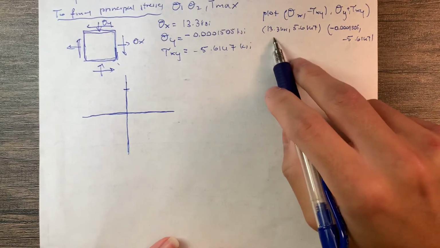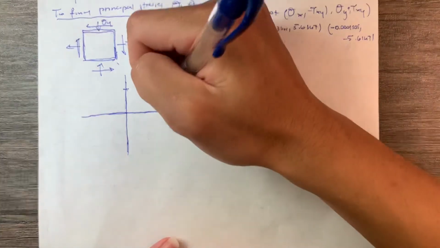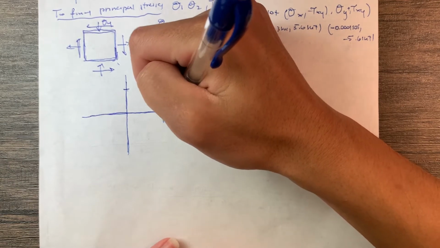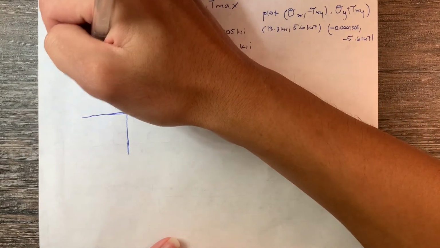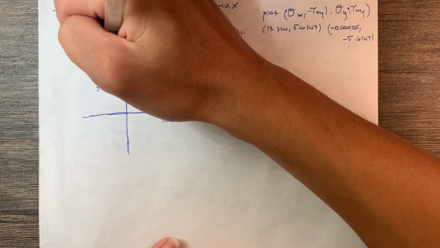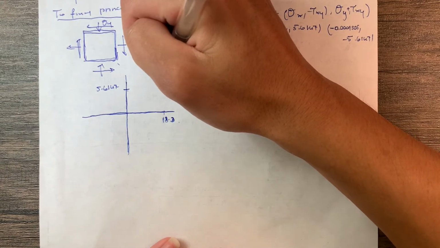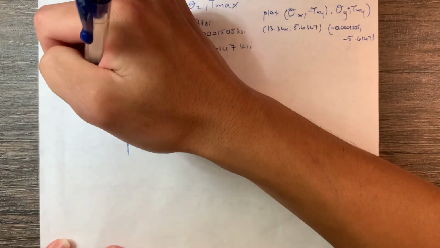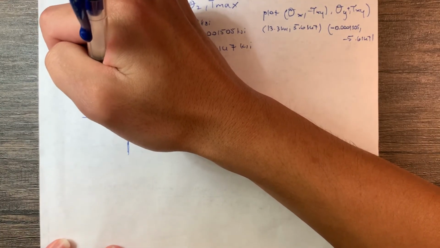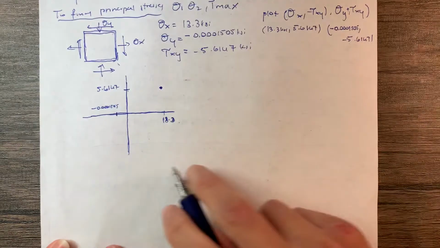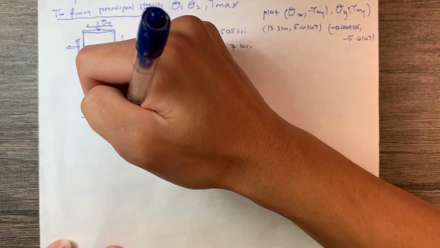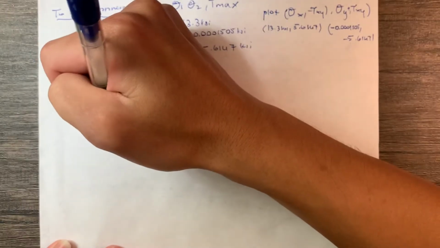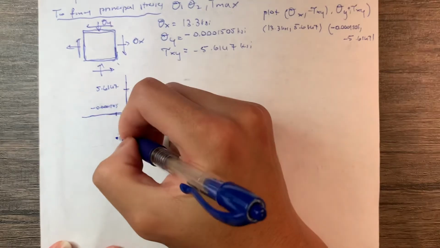So plot 13.3 and 5.6147, that's our first point, and our second point would be negative 0.000150 and negative 5.6147. It'll be right there, and you just connect the dots.